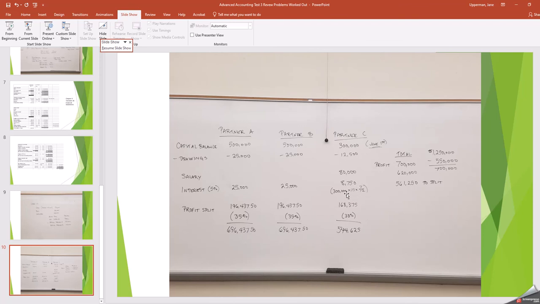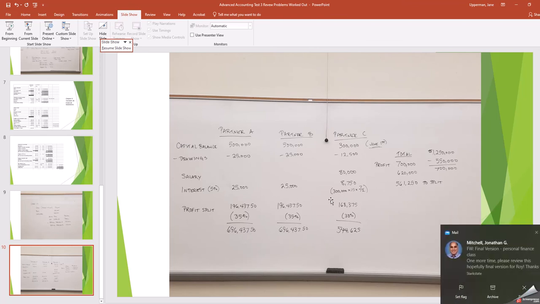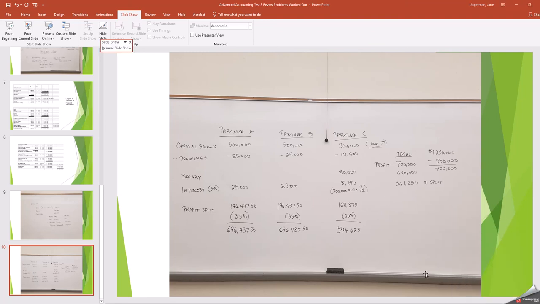So $300,000 times 5% times 7 over 12 gives her $8,750. Then we subtract that out, and that leaves $561,250 to go towards the profit split. So 35% of that to partner A, 35% of that to partner B, and then 30% of that to partner C. Then you want to set it up in that format, and that is your allocation. So this would be their capital balances at the end of the year.